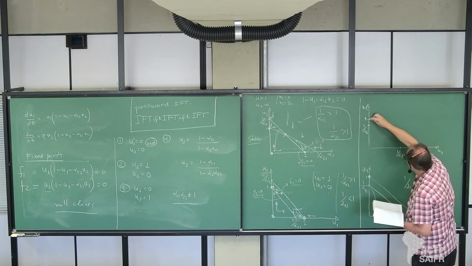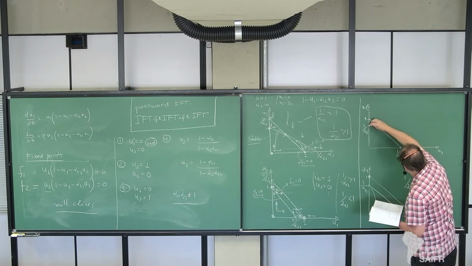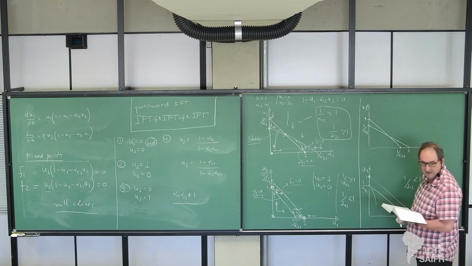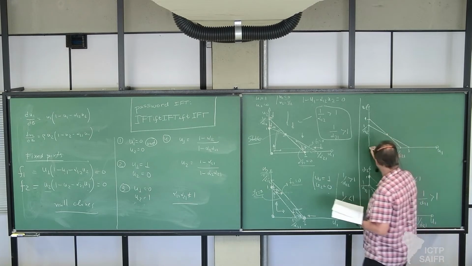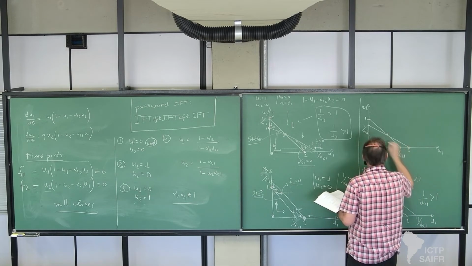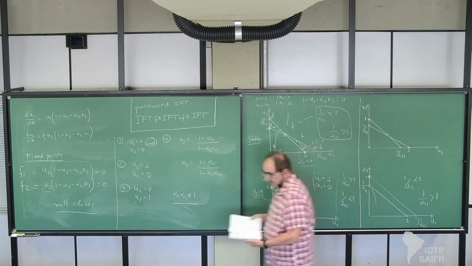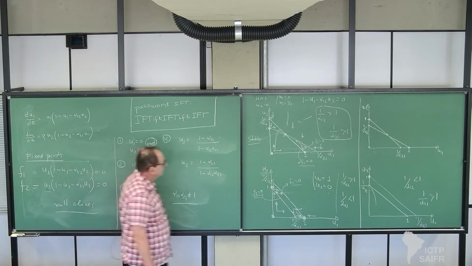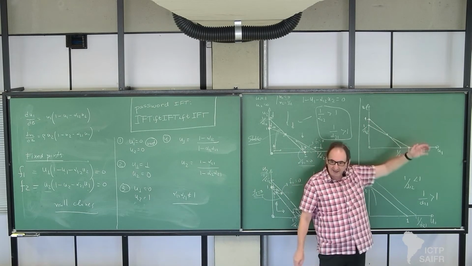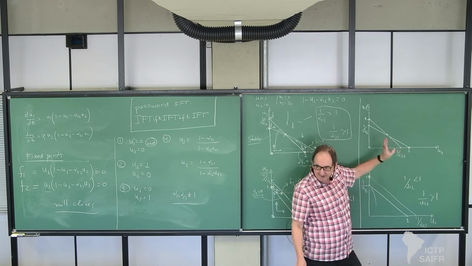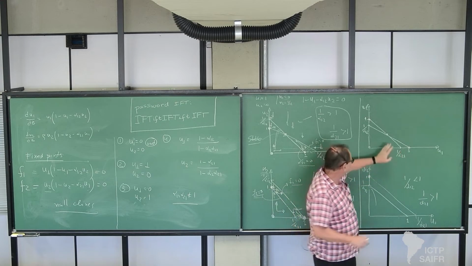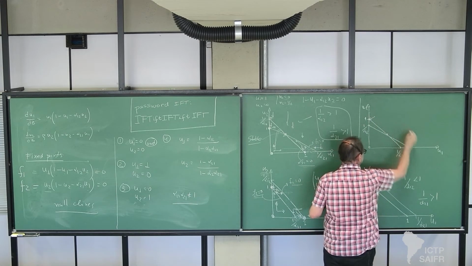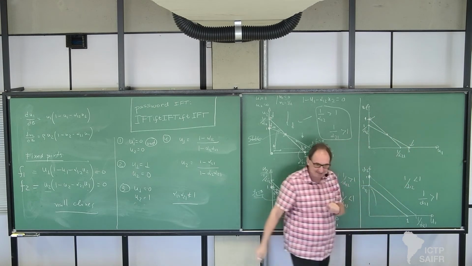This one connects here, and again here. So you have another point here. You have this one, this one, this one, and this one. If we have time, maybe on Friday, we can do it again and give you as a challenge to show that this one is stable and this one is also stable and this one is unstable.